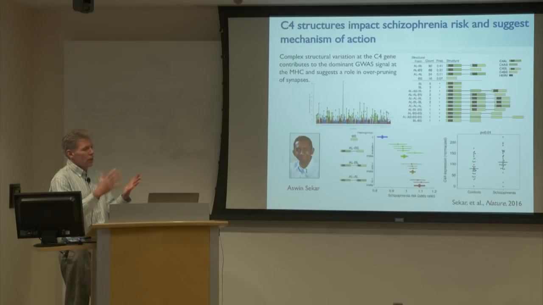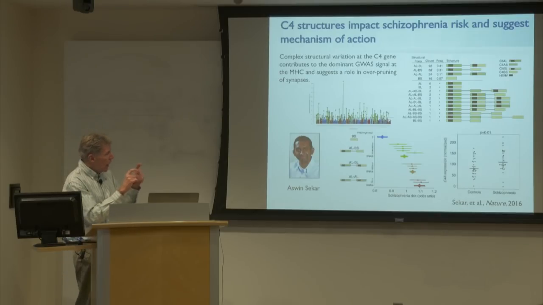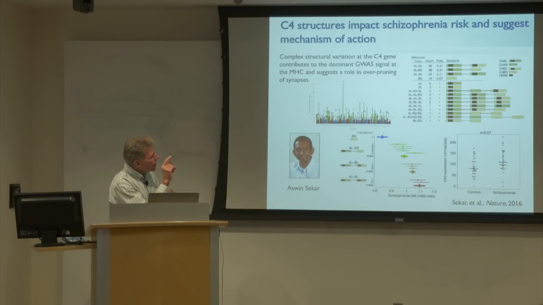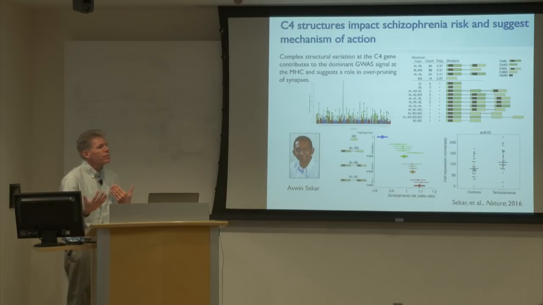There's also what we call long and short forms of C4, and these are distinguished by whether or not there's this large deletion that exists in intron 9 of C4. And so you've got these 4 different forms of C4. You have a C4A that's long or short, and a C4B that's long or short. And then the whole thing is copy number variable. People, at least the people I have looked at, have between 2 and 8 copies of C4.